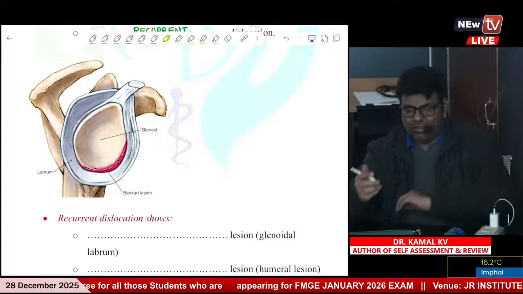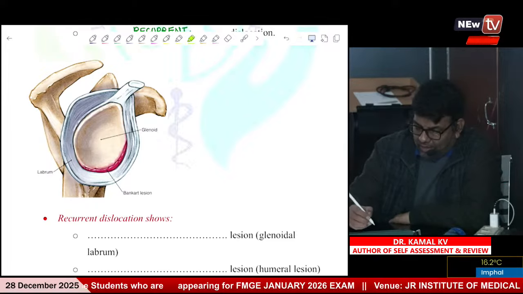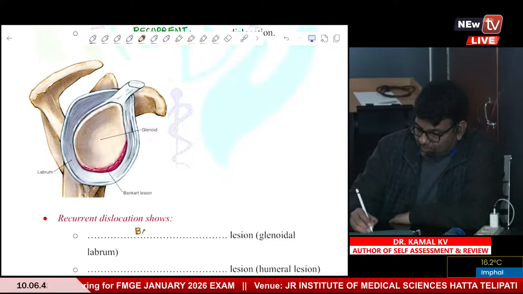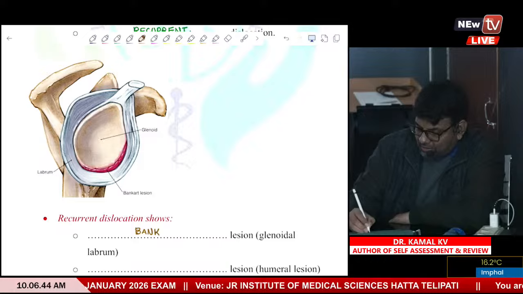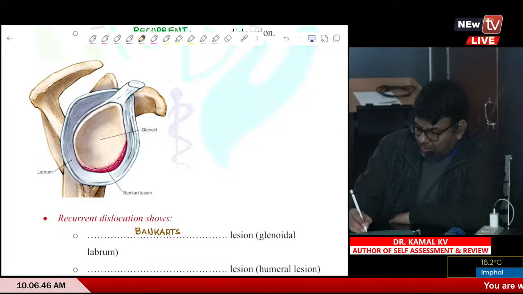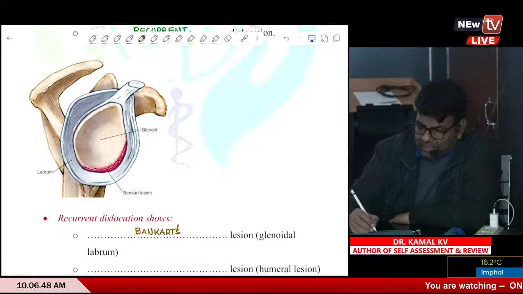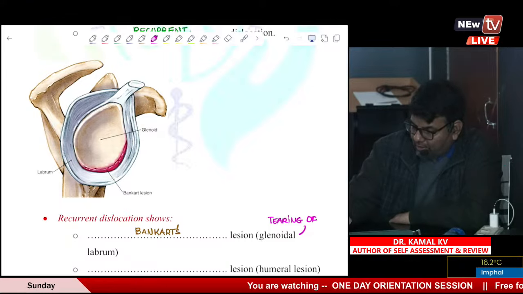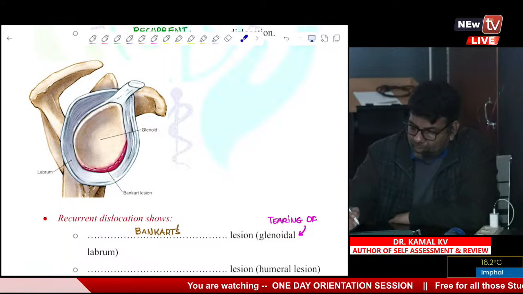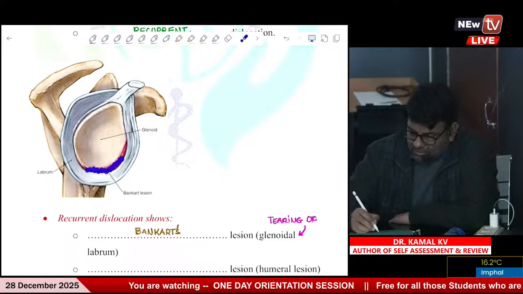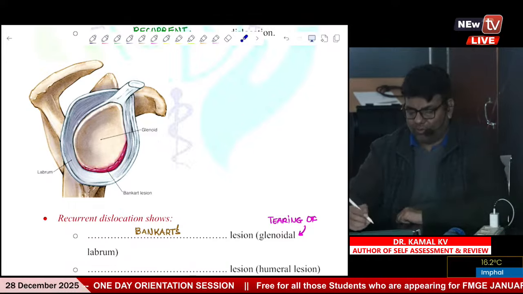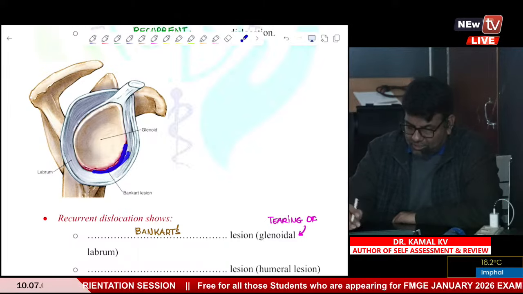It will pull the labrum, or it will cause tear of the labrum. That is known as Bankart's lesion. What is that known as? Bankart's lesion. So Bankart's lesion is actually tearing of glenoidal labrum. You can see here, especially from the inferior part, it is detached from the bone. So this is Bankart's lesion.